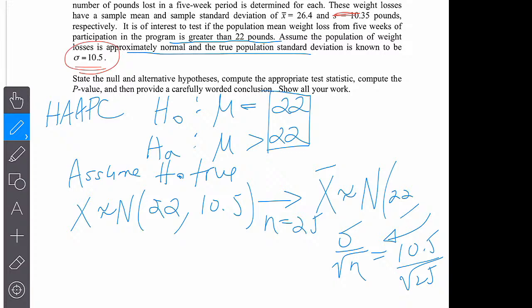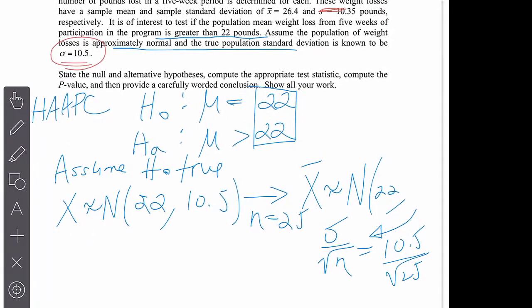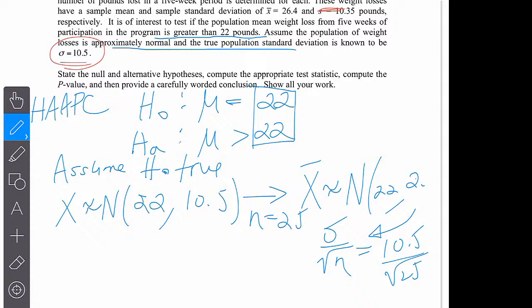So 10.5 divided by 5 is 2.1. Two point one.